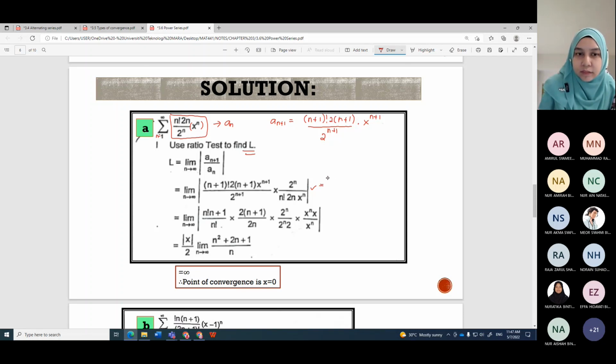So, expand ini. Ini dia tunjuk yang dah expand lah sebenarnya. Okay, n plus 1 factorial. Macam mana nak expand dia? So, kita tolak satu. Sebab kat sini dia sampai n factorial je kan. So, ini akan jadi n plus 1 times n factorial.